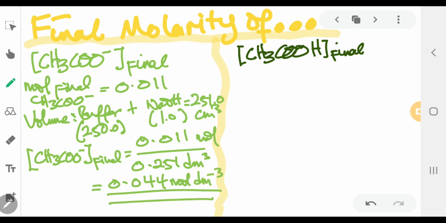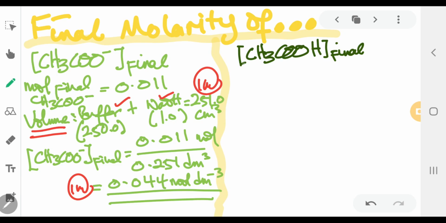Okay, so you'll get 1 mark for the volume that you have worked out. Remember, it's the summation of both aqueous solutions added together, and for this you also get 1 mark.